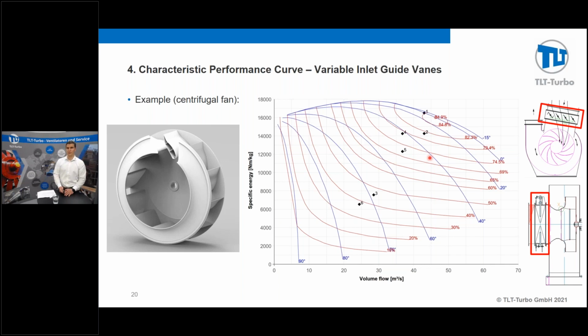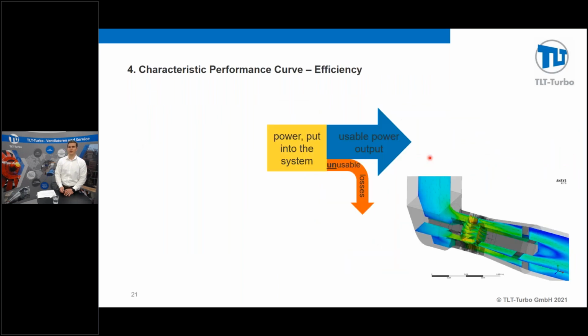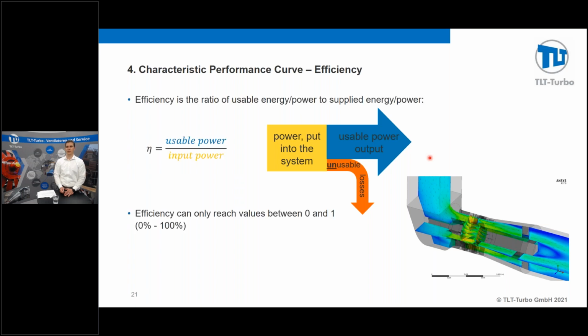I mentioned the word efficiency several times, so it's now time to give you the definition of what efficiency is. Once again, you may have heard that before. It's the ratio of the usable power, the power you can use, divided by the power you put into the system.